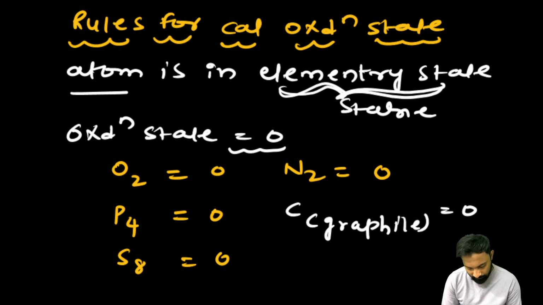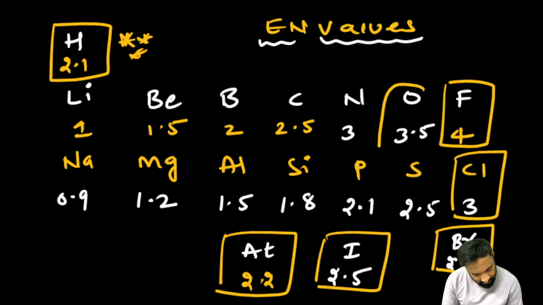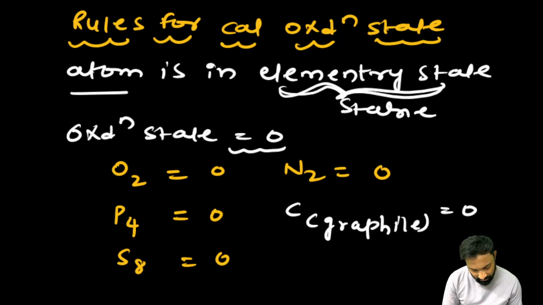If they ask, now we come to the EAN values. Now you can see here the oxygen electronegativity value is 3.5. Nitrogen electronegativity value is 3. Here oxygen and oxygen will form the double bond, right? This electronegativity is 3.5, and this electronegativity is 3.5.